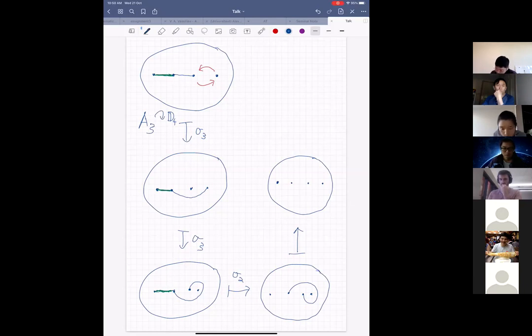So I do sigma 3, and I get this, right? And then I do the last one. The last one is sigma 3 again. Correct? Everyone following?